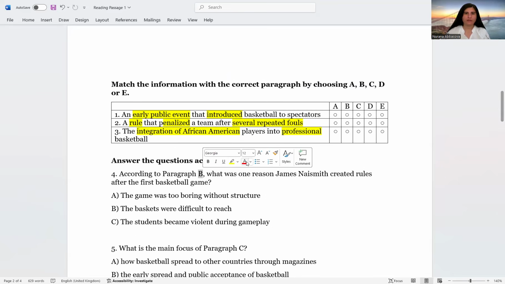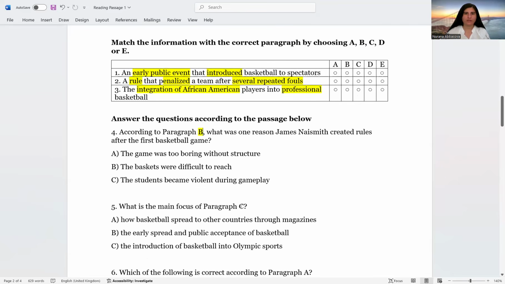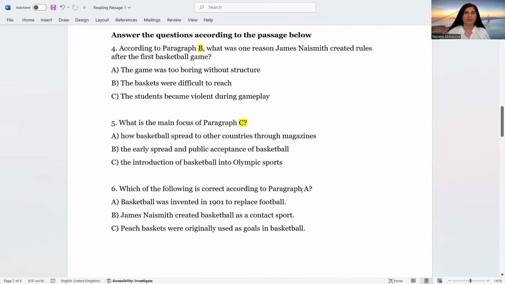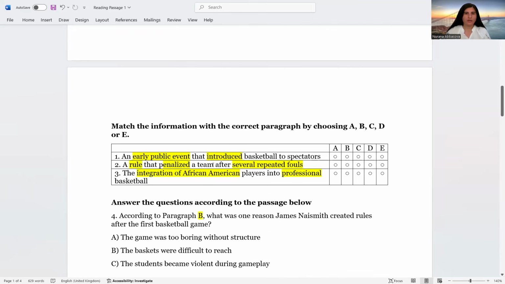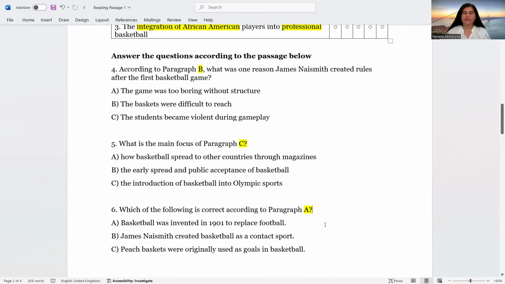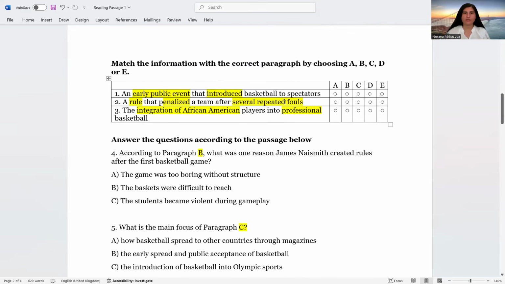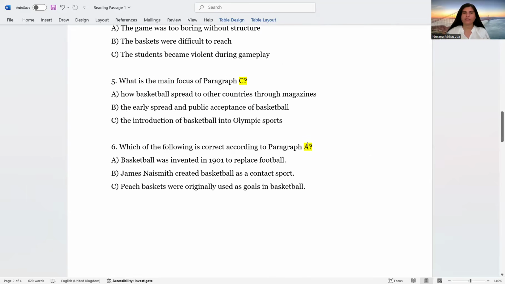I don't look at the multiple choice question yet because it says paragraph B, paragraph C. I'm taking my note in any case, and A. I can do 2 questions together actually, because I have A as well. If I have A here, it means that as I am looking for answers to these questions, I can do it as well.